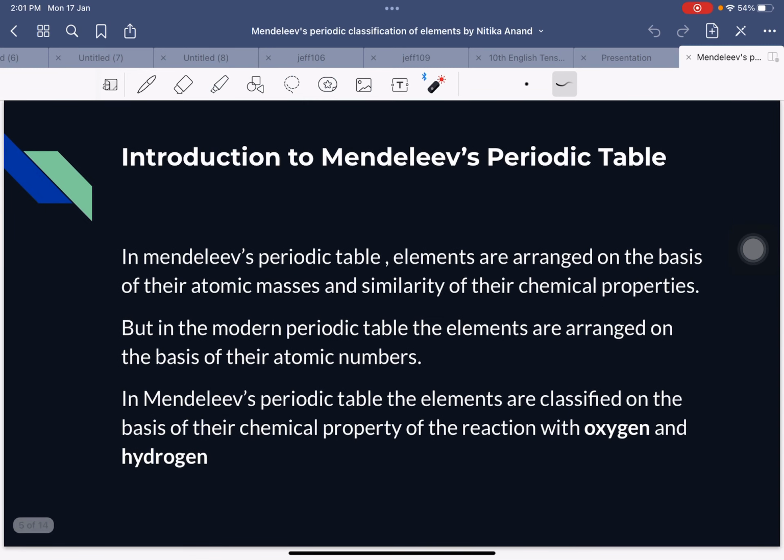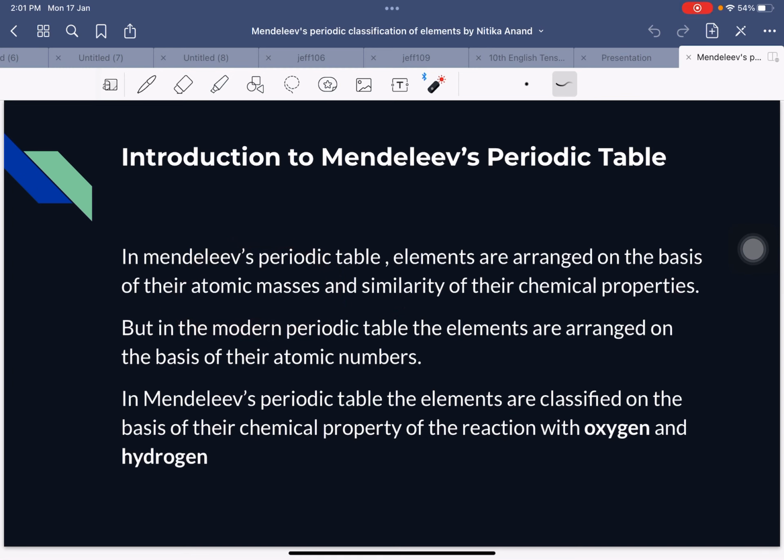Now, let us go to the introduction to Mendeleev's periodic table. In Mendeleev's periodic table, elements are arranged on the basis of increasing atomic masses and the similarity of chemical properties.